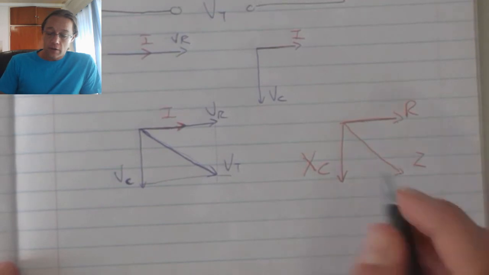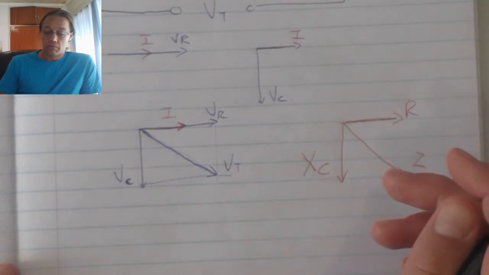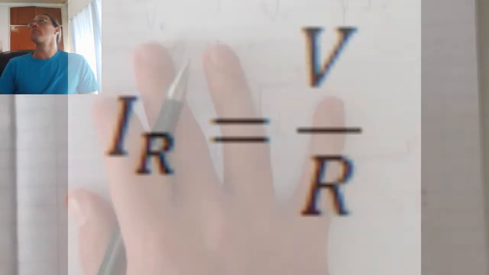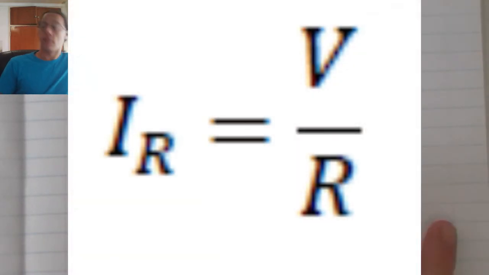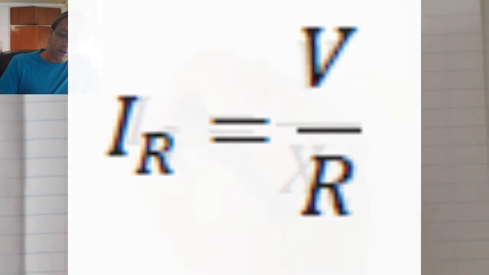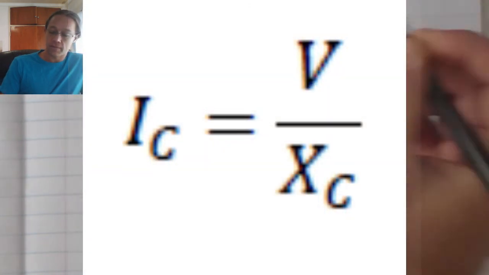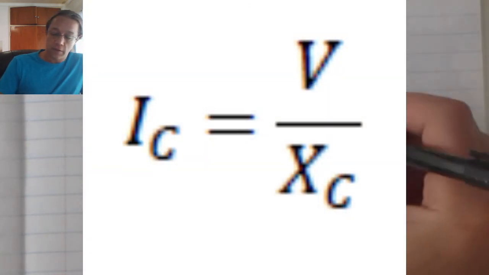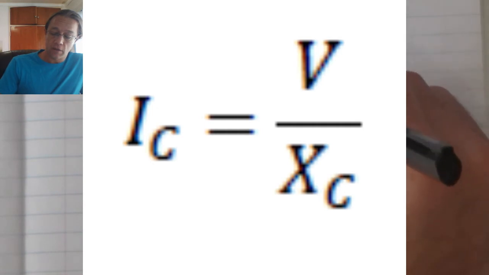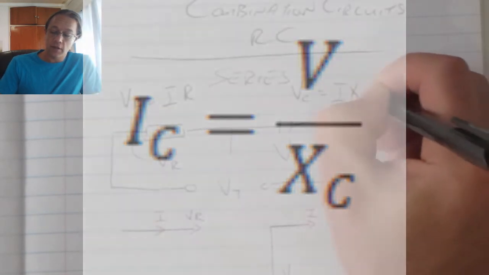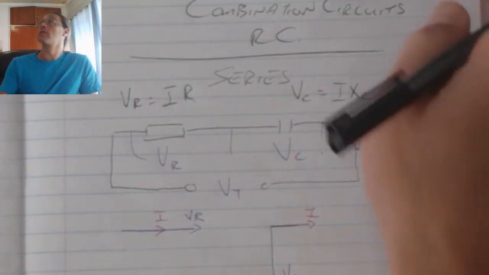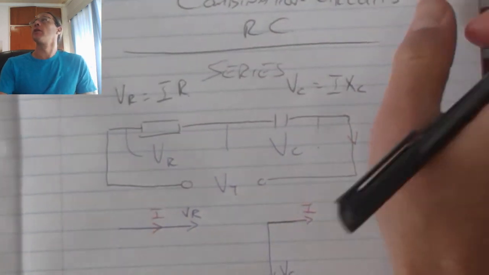When calculating the voltages over the resistor and the capacitor, VR equals I times R. For the capacitor, VC equals I times XC, capacitive reactance.